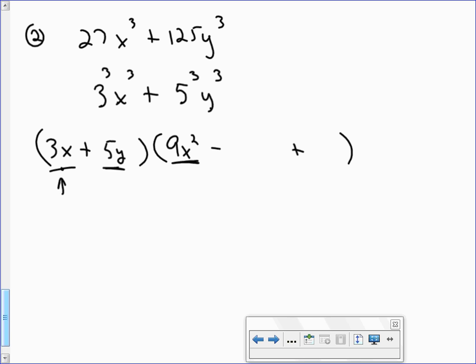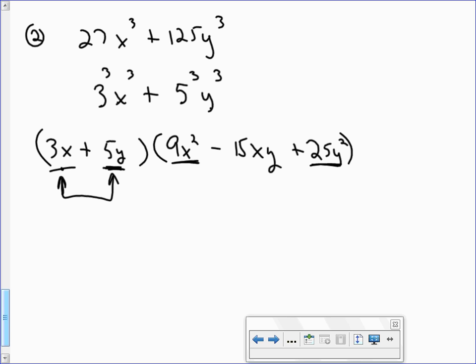Square all of it. And what goes in this last spot over here? This square, 25y squared. Everybody with me? And then the middle spot is this multiplied times that. 3 times 5 is 15xy.